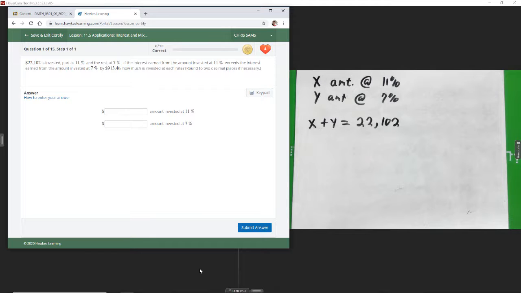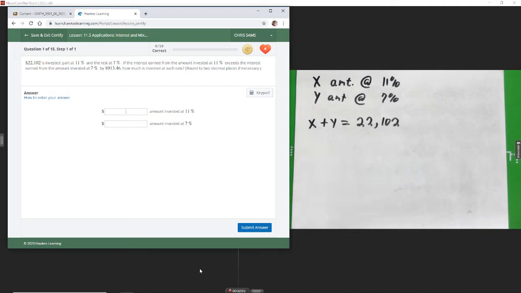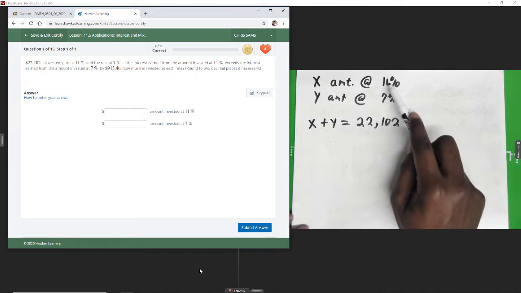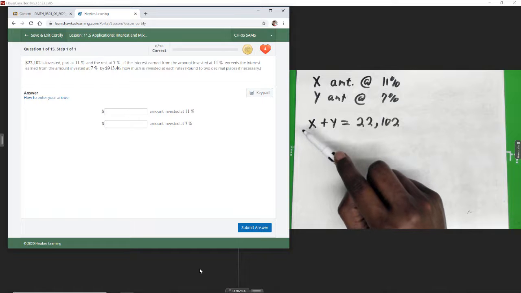All right, so the other equation is going to come from using the percentages with these amounts of money. The way you find your interest is you multiply the percent times the amount of money, and that gives you interest.